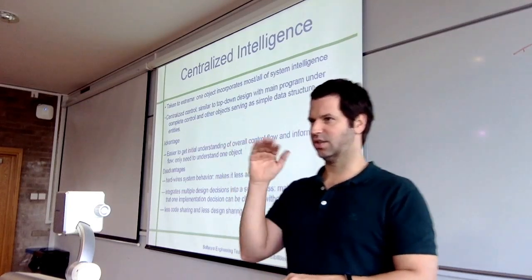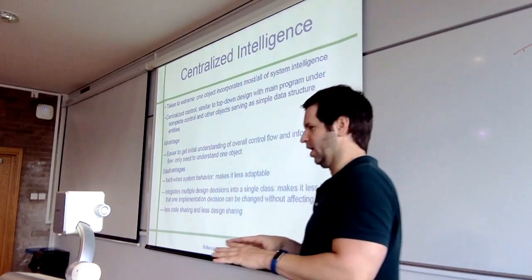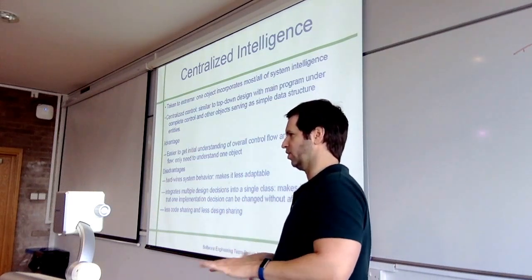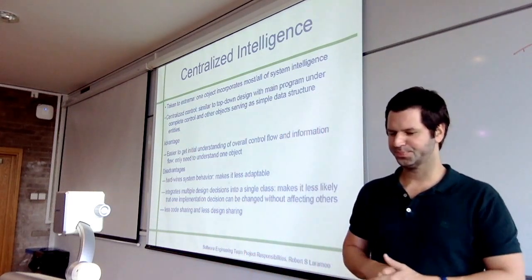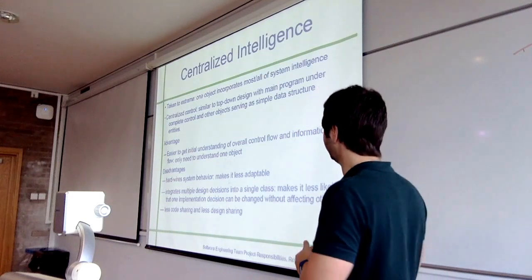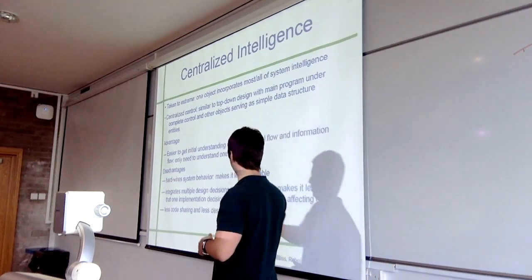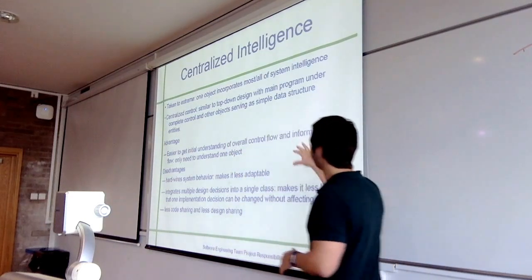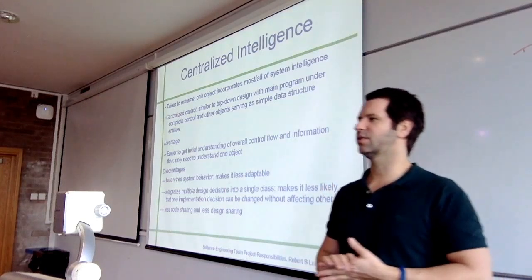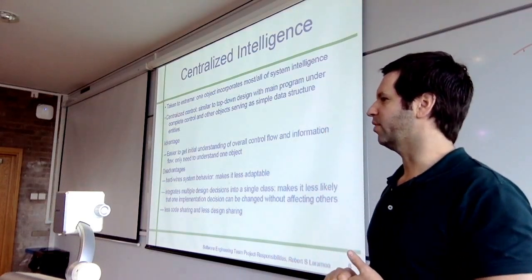So any changes at the top have unexpected consequences at the bottom. And there's less code sharing and less design sharing. So you won't see any examples of centralized intelligence in the Java library.